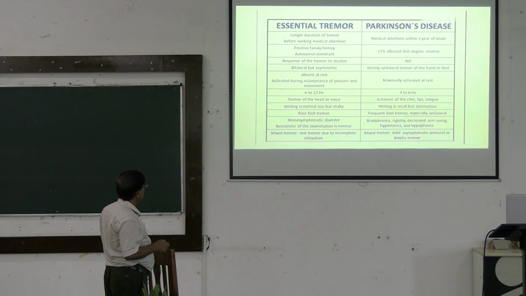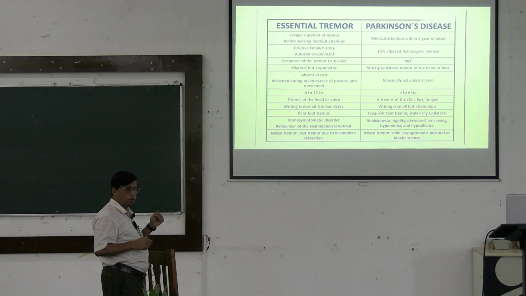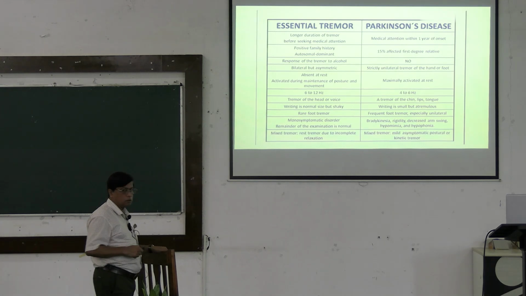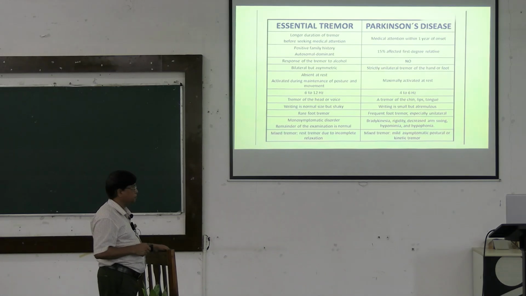Another important thing is that there is some improvement in tremor with alcohol. Essential tremor is sometimes reduced by taking alcohol. So this is important. In Parkinson's tremor, there is no such response, but sometimes patients tell us that smoking can prevent some amount of tremor in Parkinson's disease.